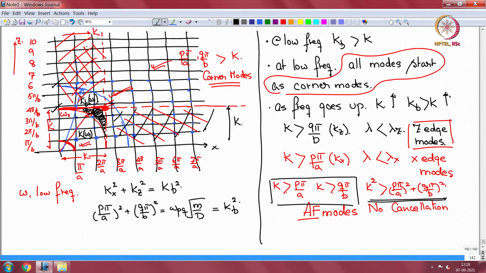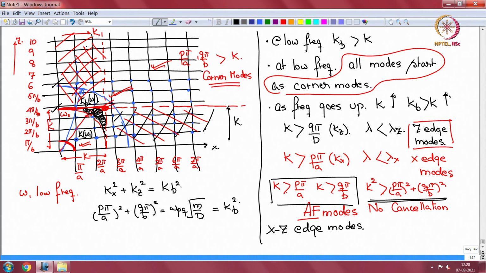It's less. And therefore these are xz edge modes. So at any instant in frequency you will have all these modes.